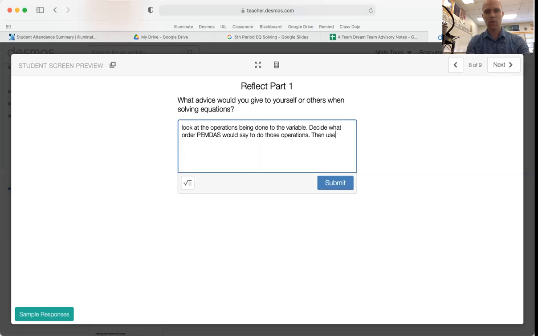Then use the opposite operations, right? So if you have multiplication in your equation, you use division. In reverse GEMDAS, or PEMDAS, I said PEMDAS before, now I'm saying GEMDAS. Doesn't matter, they're the same thing. In reverse GEMDAS order to solve. Okay, so reverse order and opposite operations. That's the whole basis of this equation solving algorithm that we're practicing.